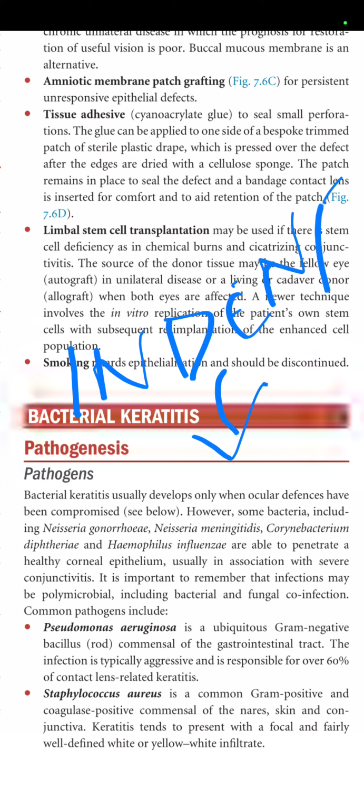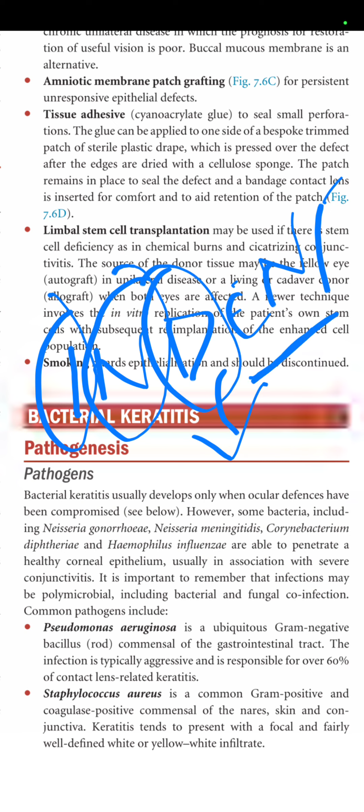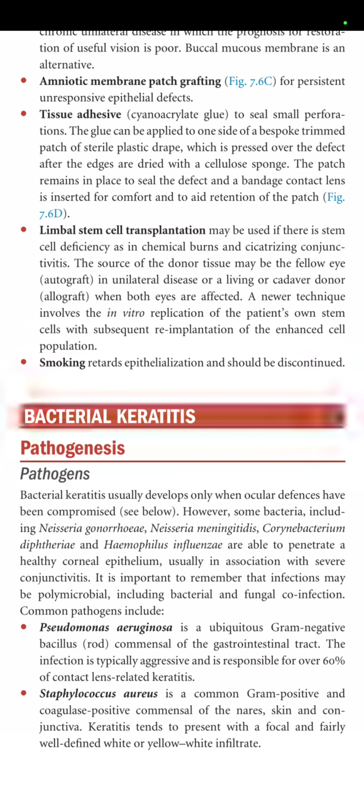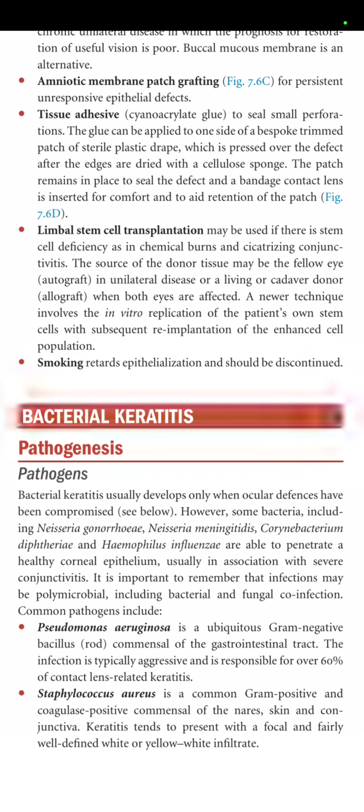They indent the corneal epithelium. I is for Haemophilus influenzae, N is for Neisseria gonorrhoeae and Neisseria meningitidis, and D is for Corynebacterium diphtheriae. So this is the mnemonic for it, and they are usually associated with severe conjunctivitis.